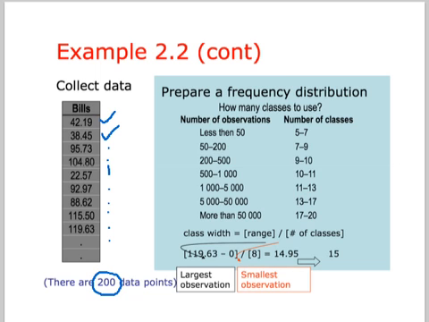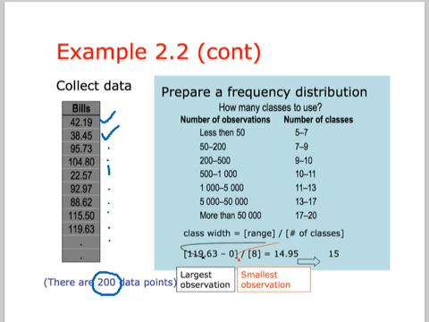To prepare a frequency distribution, you count how many observations will fit into your different classes. What I mean by classes, you will see in the next slide presentation. But first things first, guys, the idea here with preparing a frequency distribution is that we would like to make different classes, okay?